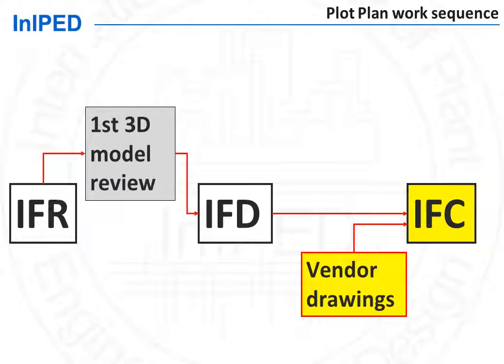Receiving equipment vendor general arrangement drawings showing equipment dimensions, as well as for packages that include several equipment and skids, receiving arrangement drawings from the vendors showing the arrangement and dimensions of all the skids and all the parts of the package is a prerequisite to freeze the plot plan and issue it in issued for construction revision.